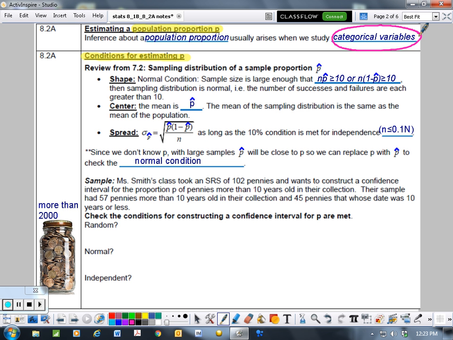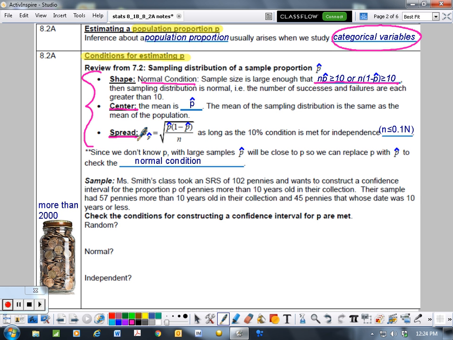So just a review from chapter 7: the shape will be normal if we meet that normal condition, that n times p is greater than or equal to 10, and n times 1 minus p is greater than or equal to 10. The center of our sampling distribution should be the same as the center of our population distribution.